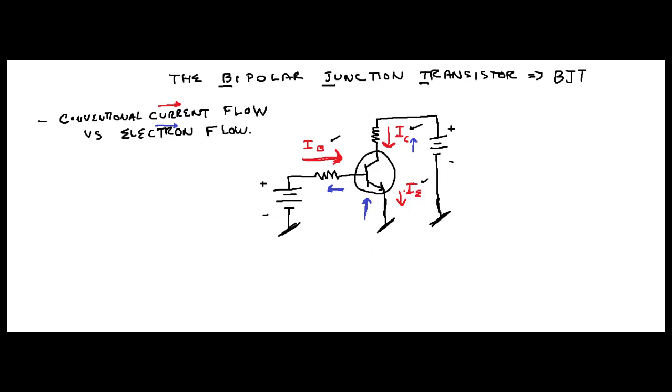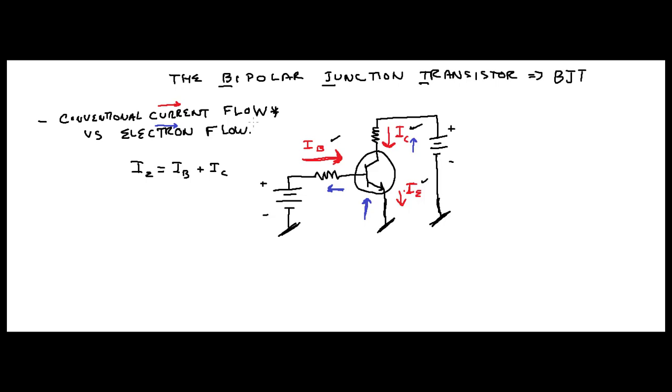So again, those equations I wrote for you still hold, right? I of your emitter is going to equal I of your base plus I of your collector. I want to make sure that you understood this because you usually see it in the conventional current flow form. You don't see it in the electron flow form.